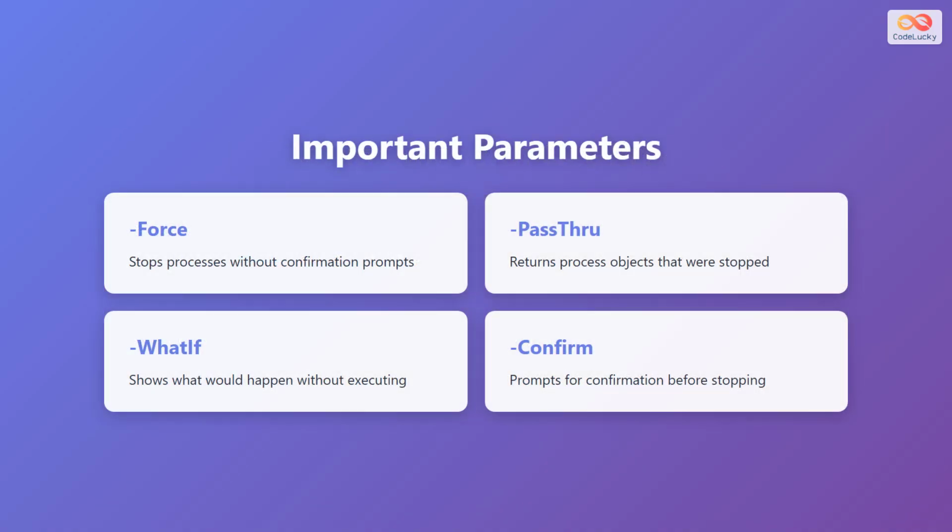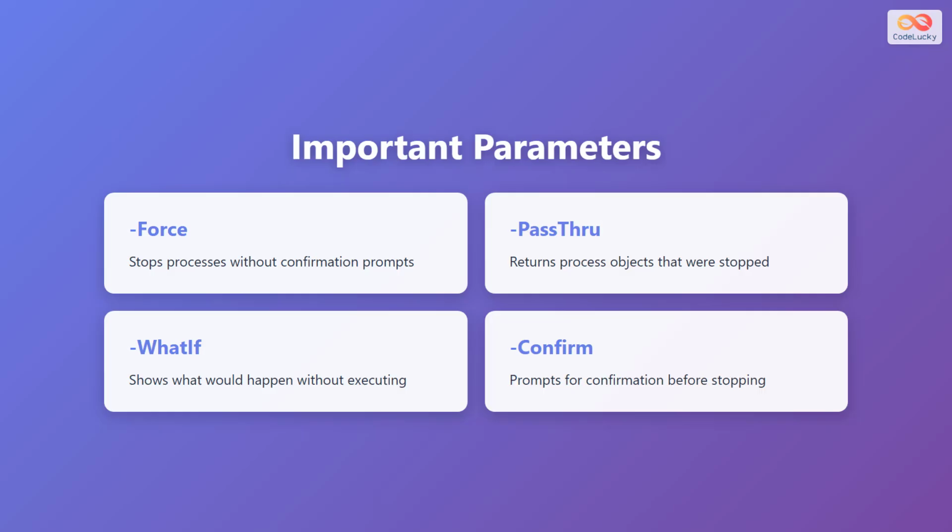Stop-Process supports several important parameters that modify its behavior. The -Force parameter stops processes without prompting for confirmation, which is essential for automation scripts. The -PassThru parameter returns process objects that were stopped, allowing you to capture information about terminated processes for logging or further processing.